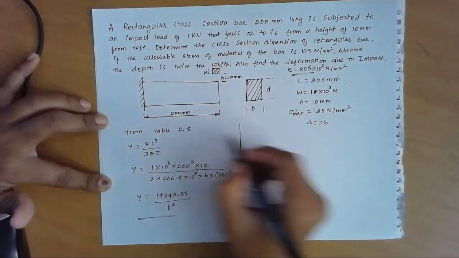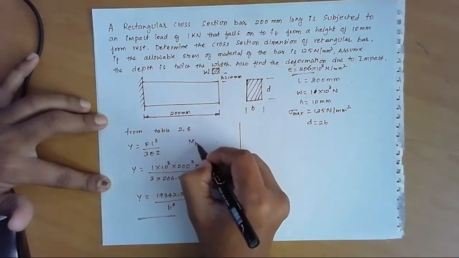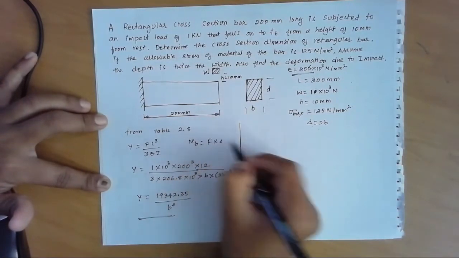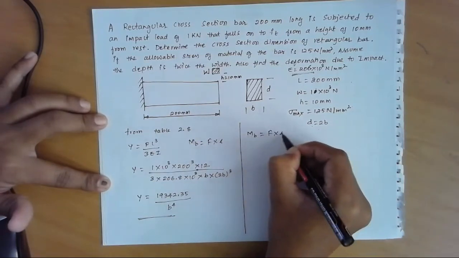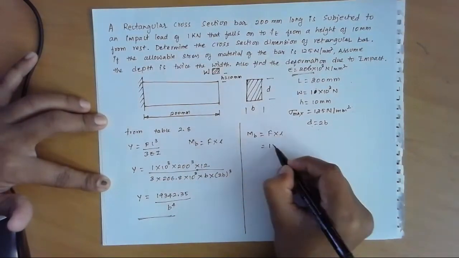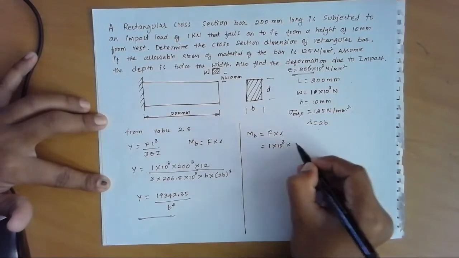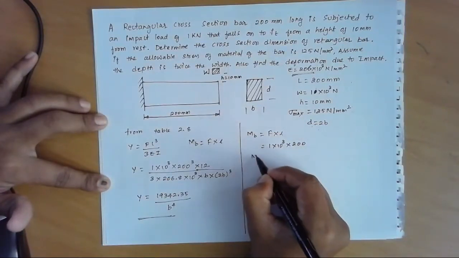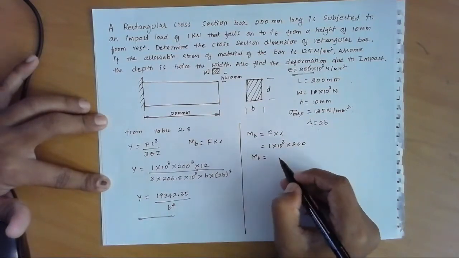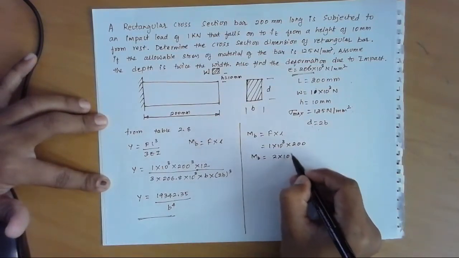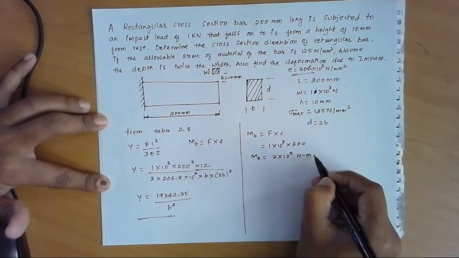Again from this table we know that MB is equal to F into L. F is 1 kilonewton, 1 into 10 power 3, L is 200 mm. So MB will become 2 into 10 power 5 Newton mm.